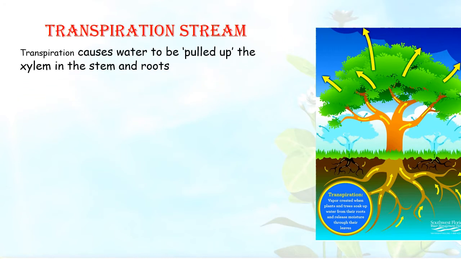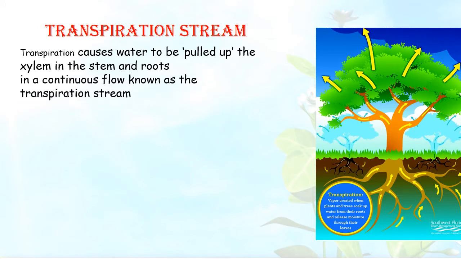So transpiration causes water to be pulled up the xylem in the stem and roots in a continuous flow, known as the transpiration stream. Let's read once again. Transpiration causes water to be pulled up the xylem in the stem and roots in a continuous flow, known as the transpiration stream.